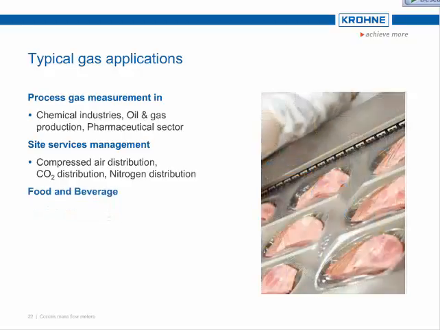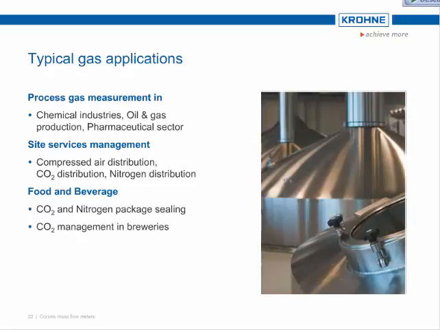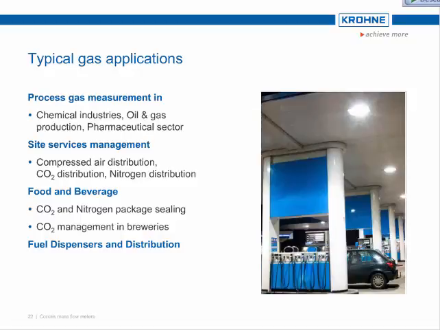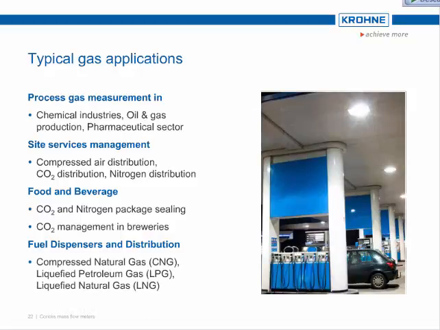For the food and beverage industry, the bulk consumption of carbon dioxide and nitrogen in package sealing. Also, carbon dioxide management in breweries. In fuel dispensers and dual distribution networks for compressed natural gas and liquefied fuel such as liquefied petroleum gas and liquefied natural gas.